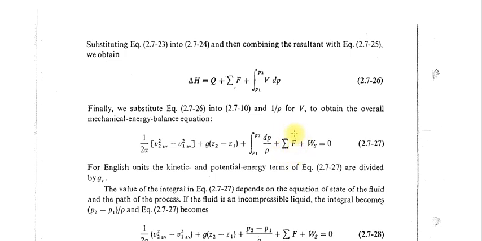Sigma F is the overall loss of mechanical energy due to converting mechanical energy into another form, and Ws is the work done on the system by the surroundings. It might be a pump, or if the work is done by the system on the surroundings, it might be a turbine. So this is the removing of mechanical energy from the system due to the work, and this is the friction losses.